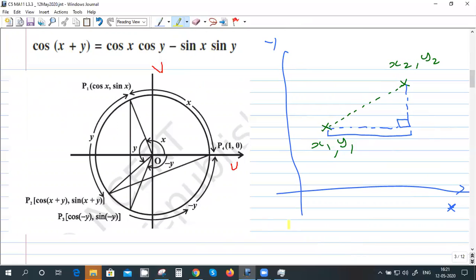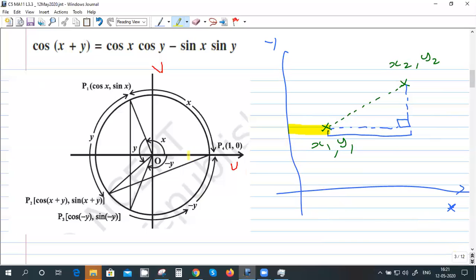From here to here, how much is the horizontal distance? x1.